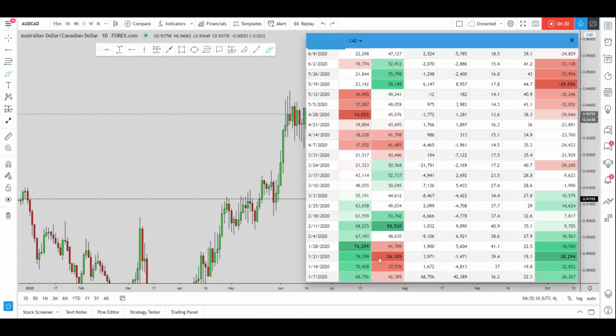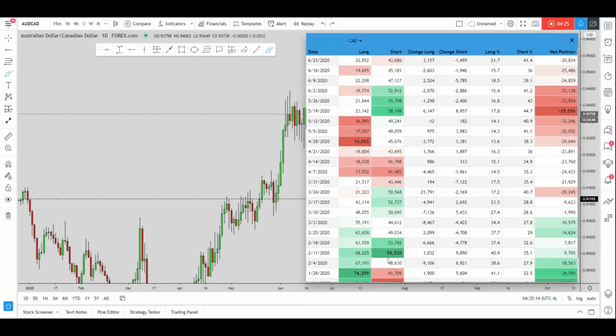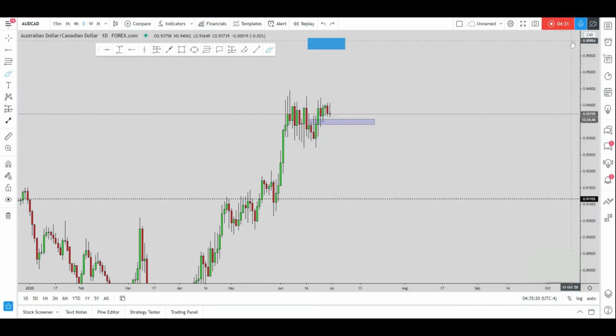So we went from having way more longs than shorts from an institutional perspective on the CAD to having way more shorts than longs. So overall, what is the situation? We must be very careful because we can still expect AUD strength and CAD weakness, therefore this daily support to hold.